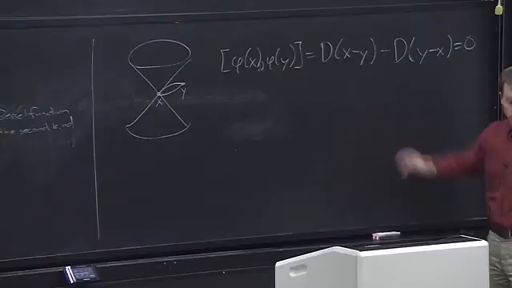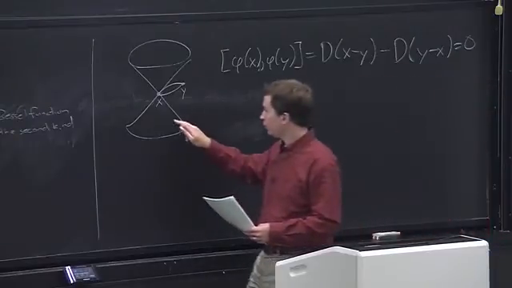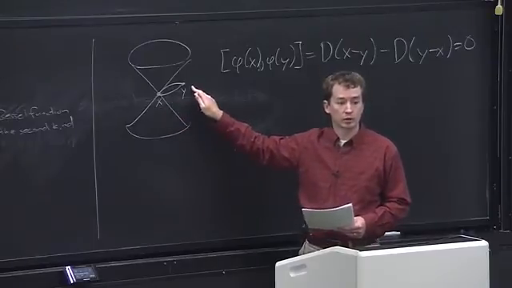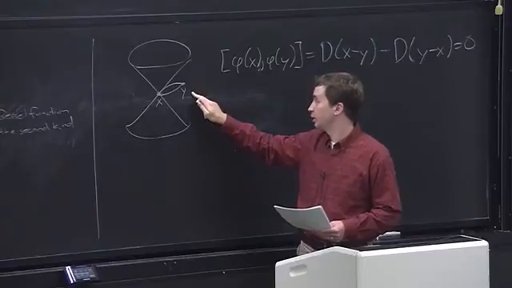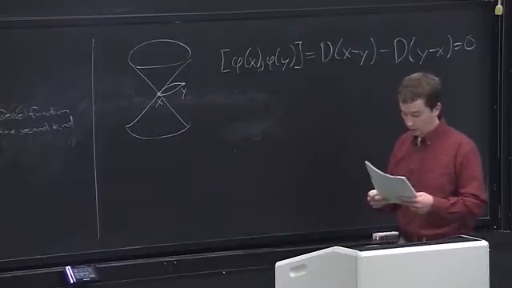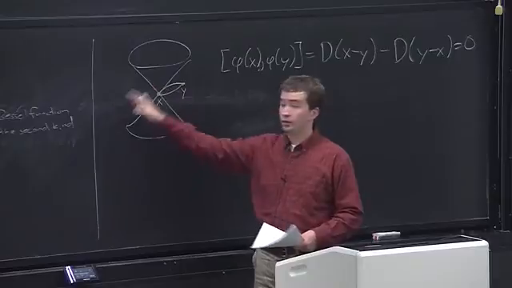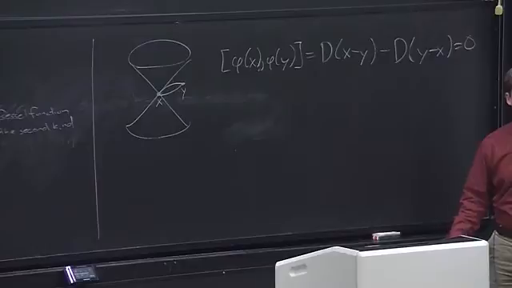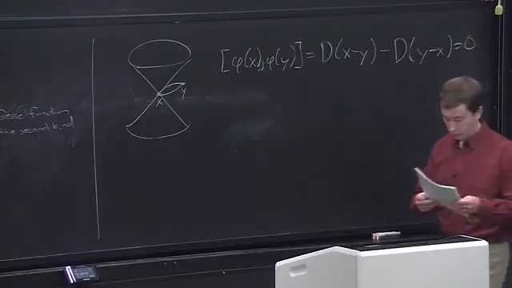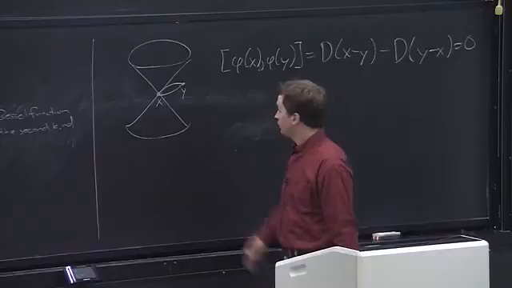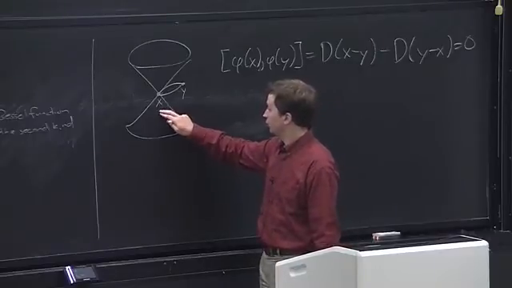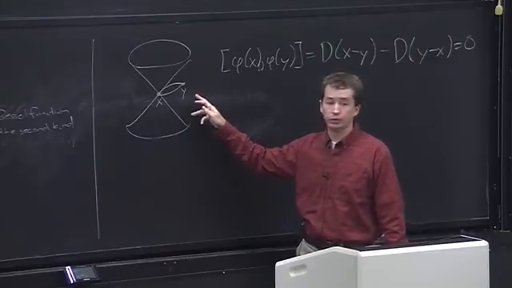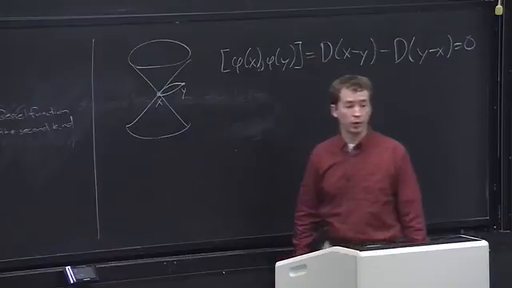So what this is saying is that the amplitude for a particle to propagate from x to y exactly cancels the amplitude for the particle to propagate from y to x. And if we repeated the same calculation for a complex scalar field where the particle and antiparticle were distinct, what we'd find is that the amplitude for a particle to propagate from x to y canceled the amplitude for an antiparticle to propagate from y to x.